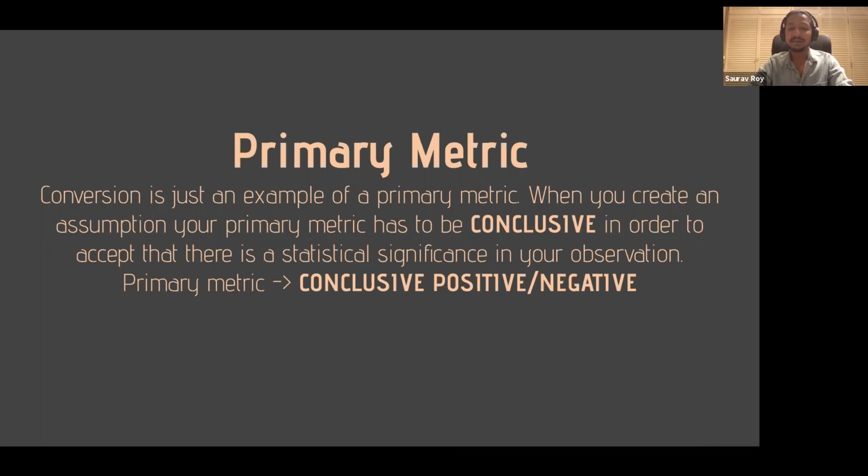Ideally, a primary metric should be a North Star metric, and that should be able to show business impact. And when you run a test, you should always aim for a conclusive change in a primary metric. By conclusive, what I mean is it should be significant in terms of the data that you gather, right?